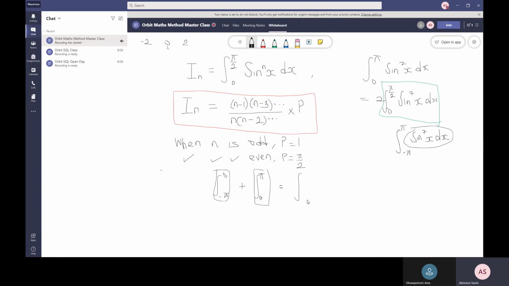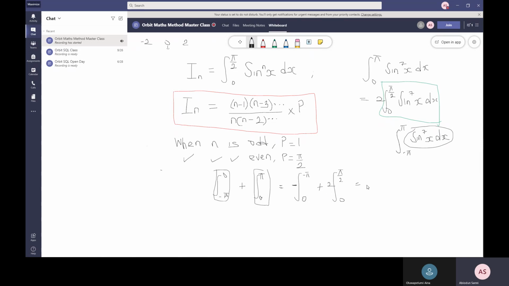If I switch the interval, I have 0 to minus pi, so I have to put a minus sign here. So I split the interval this way, plus integral from 0 to pi. This I can make pi over 2, times 2.